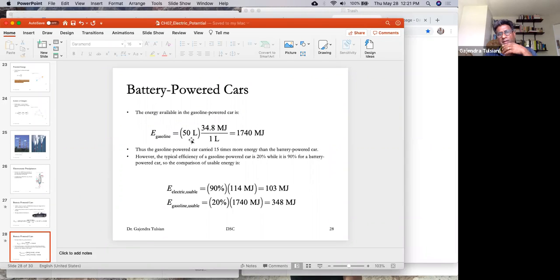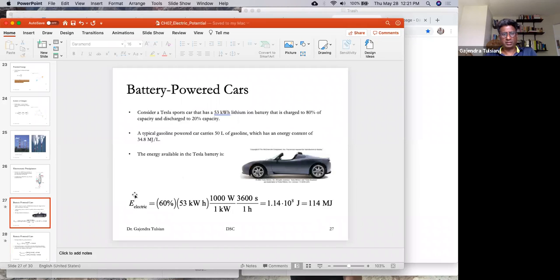For gasoline, let's say you use up your full tank of gasoline, 50 liters, that many megajoules per liter. So it's 1750 megajoules. So look at this.